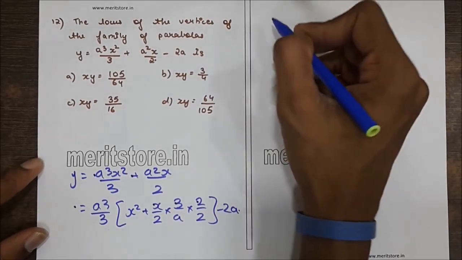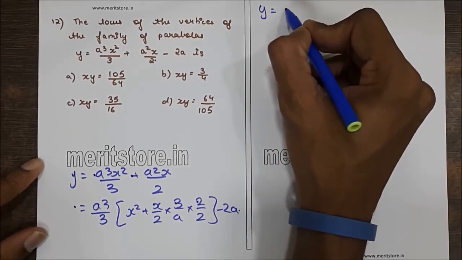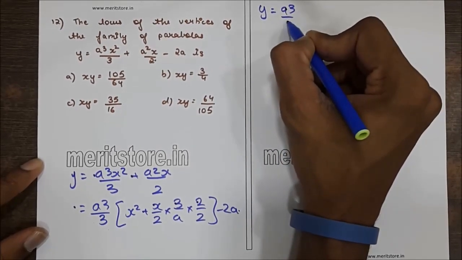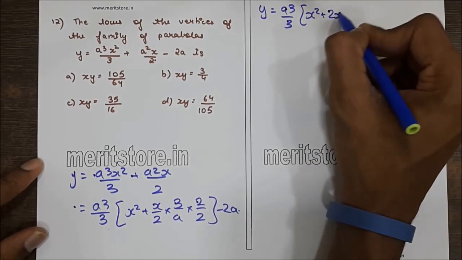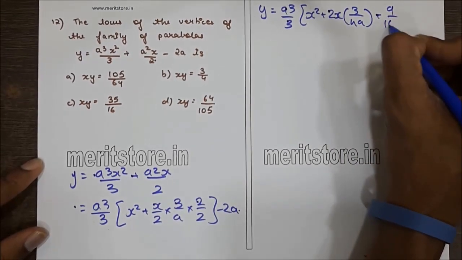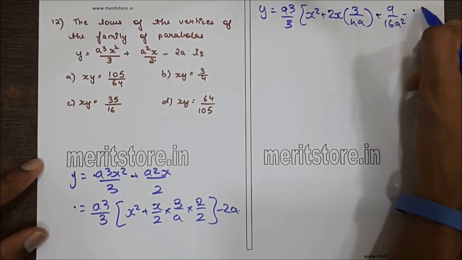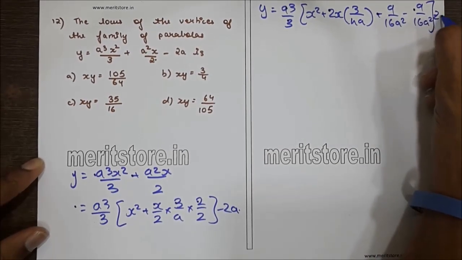For the solving, we get y equal to a cube upon 3 x square plus 2x times 3 by 4a plus 9 by 16a square minus 9 by 16a square minus 2a.